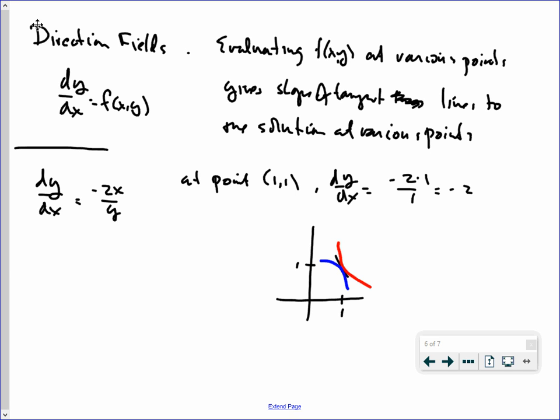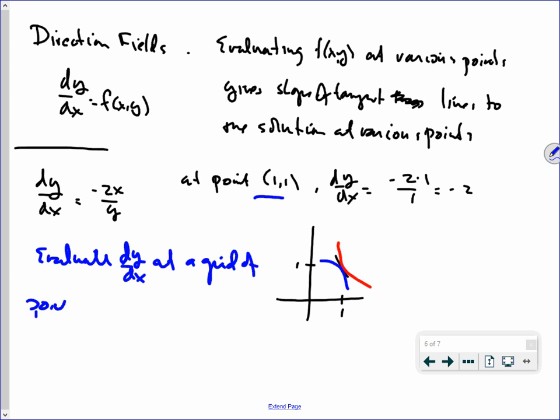Now, if you do this same thing at a lot of different points, like a grid of points, then you get what's called the direction field. So it is: evaluate the dy/dx at a grid of points and plot little tangent slopes.